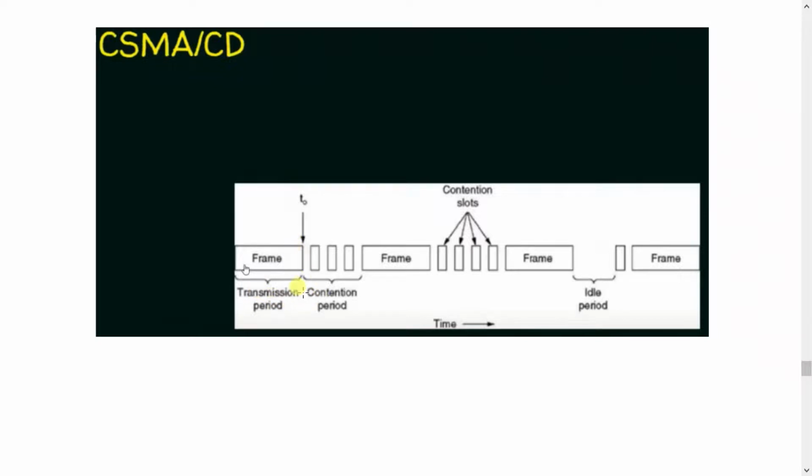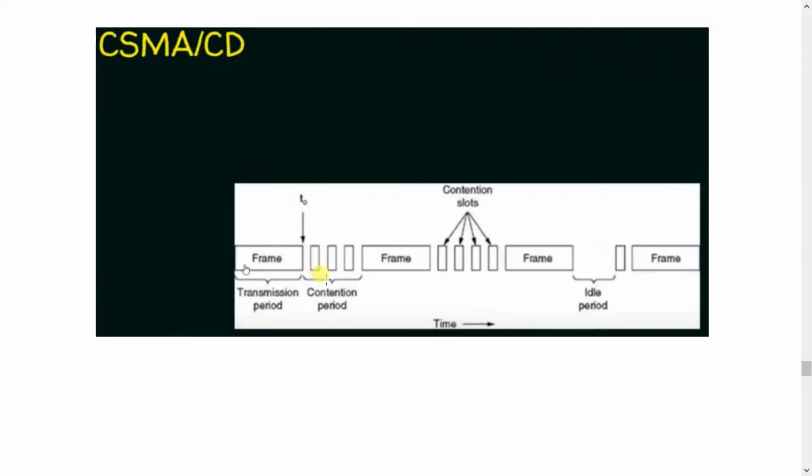And then after a certain node finishes its transmission, the nodes will enter into a contention period. Think of it like the nodes are rivaling with each other to seize the channel so that they can transmit their data. So all the nodes contend and compete with each other in order to access the channel.